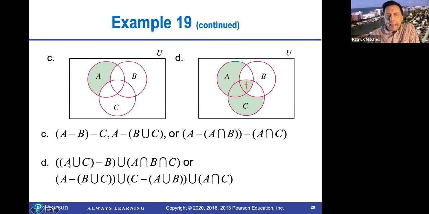So this is saying start off with the difference of A union C and B, which is these three regions over here.